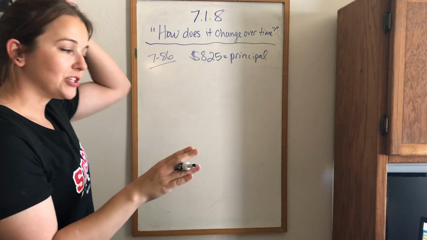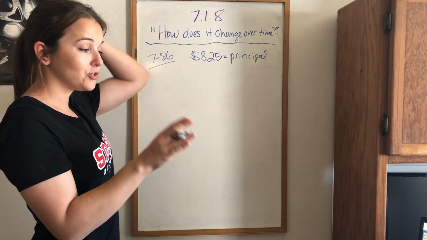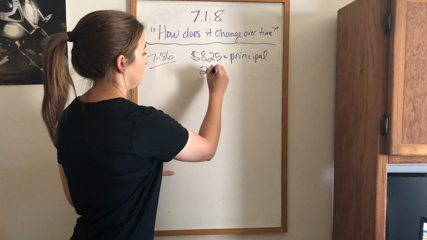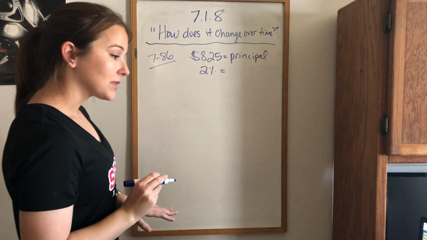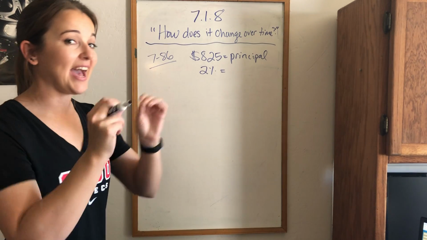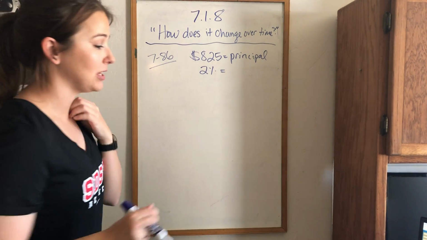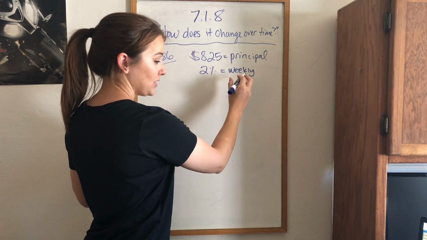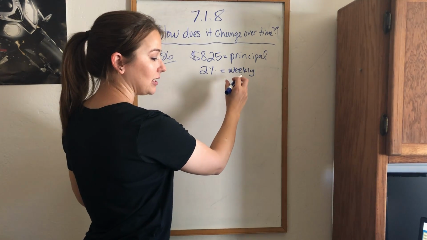And then it says, until the loan is paid back, 2%, called the weekly interest rate, of the principal, so 2% of this principal will be added each week to the amount owed. So that's the weekly interest rate.